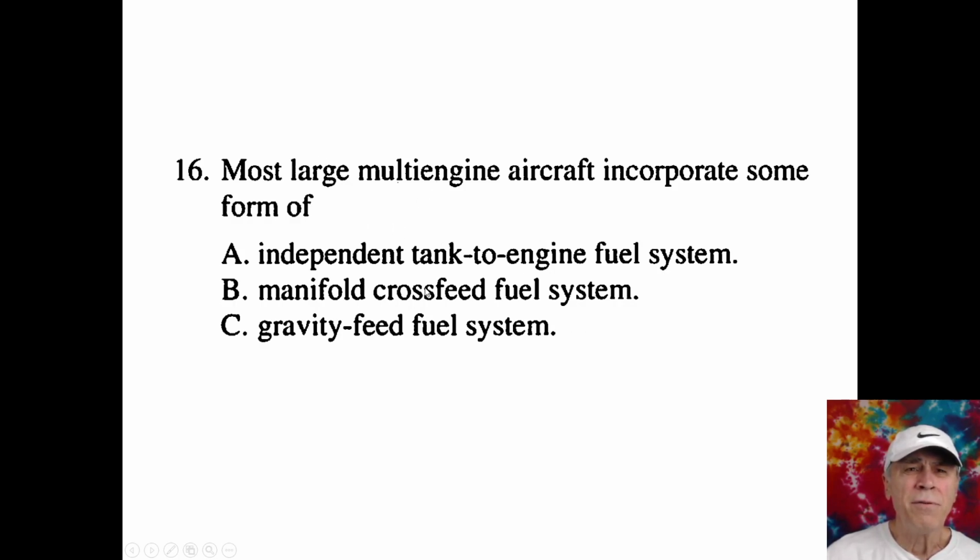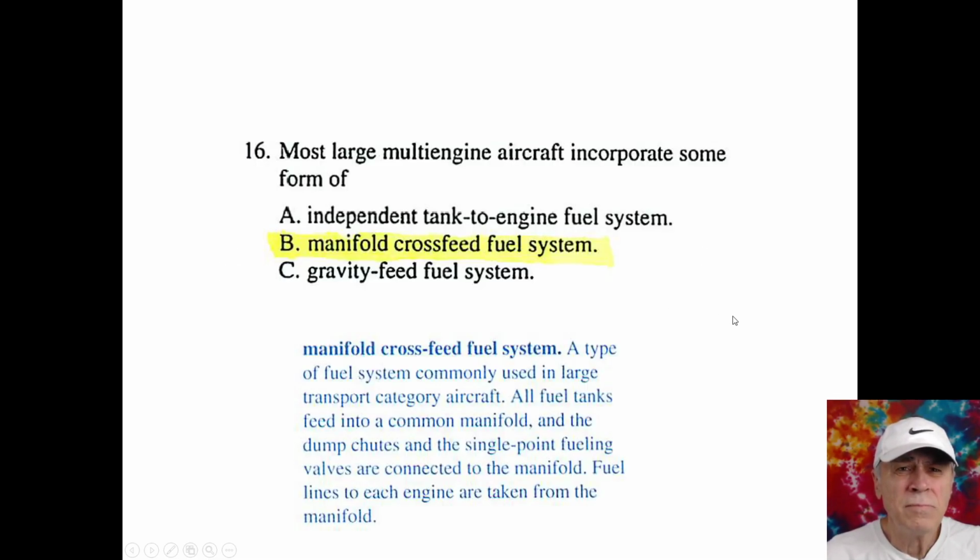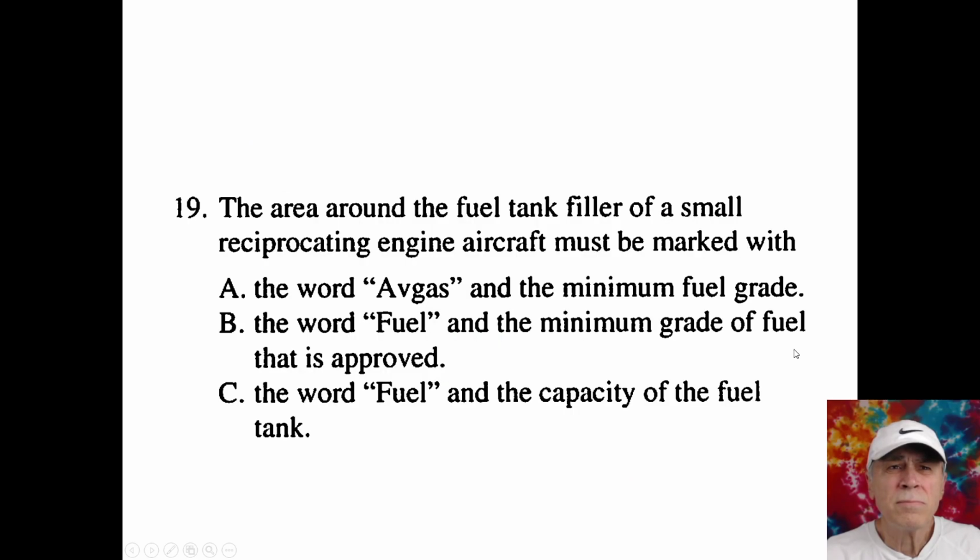It would be a manifold cross feed fuel system. And there's a definition right there. We looked at that earlier. The area around the fuel tank filler of a small reciprocating aircraft must be marked with the word avgas and the minimum fuel grade, A.